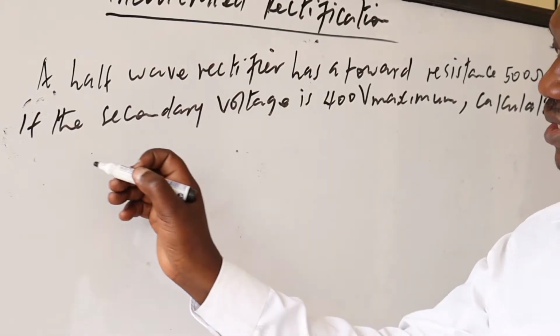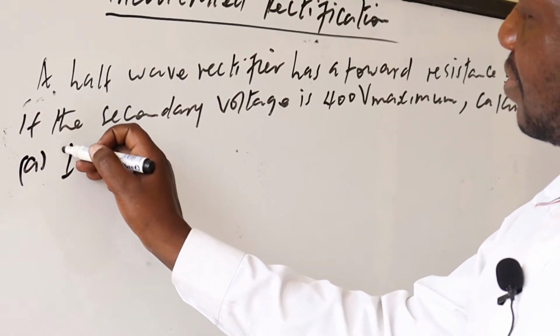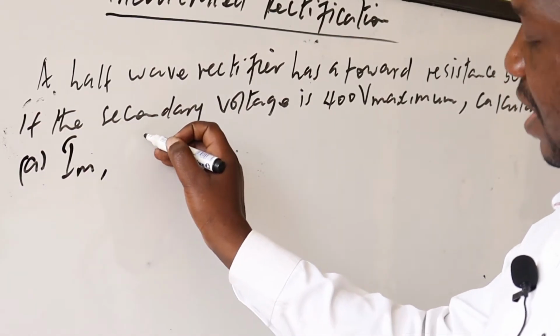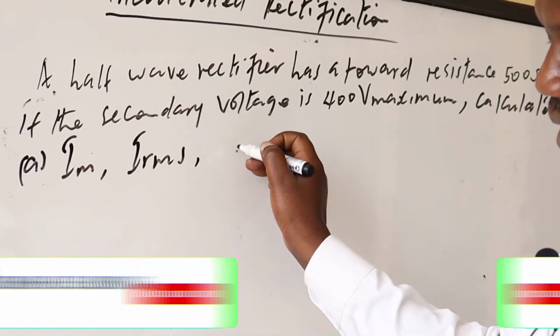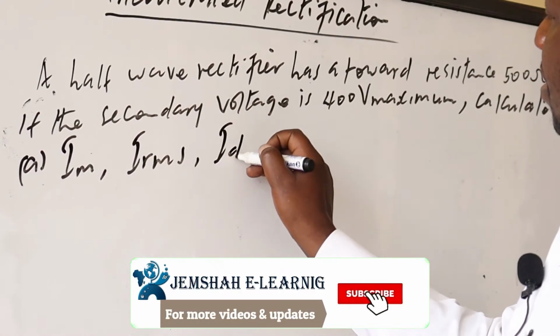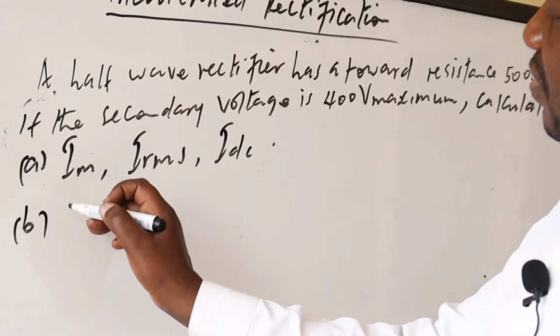Part A is to calculate IM, IRMS, IDC. Part B, DC output voltage.